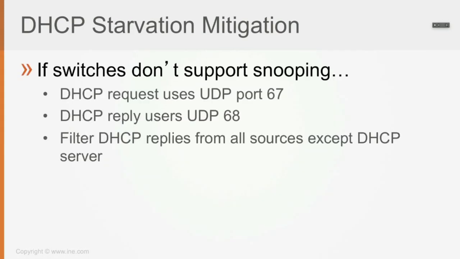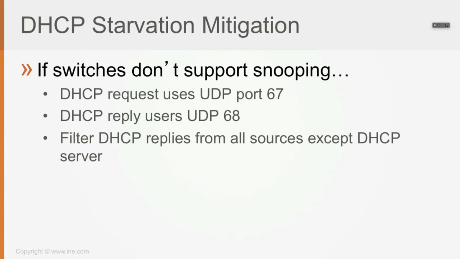If the switch, however, doesn't support snooping, which if it's a Cisco switch running IOS, it is going to support snooping, of course the small business switches don't support snooping in most cases. But either way, another option to defend against this kind of attack is that as long as you know that the DHCP requests are being sent on UDP port 67 and the replies are being sent on UDP port 68, then you can manually filter DHCP replies from all sources except the DHCP server.